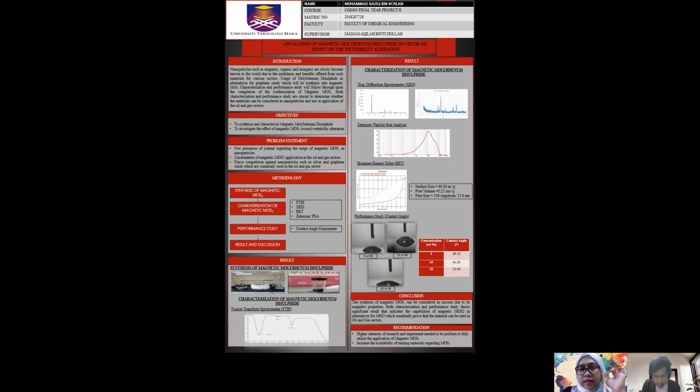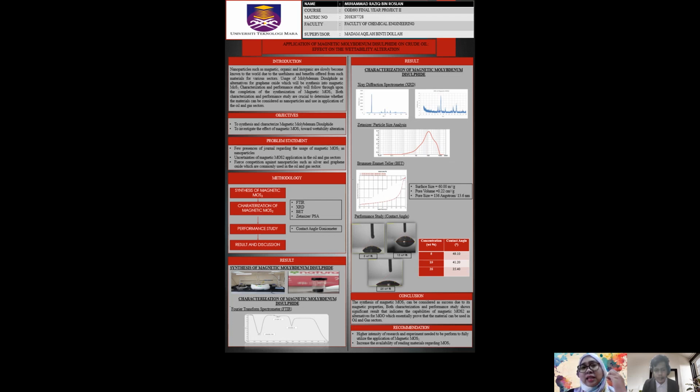Okay, other than by using the contact angle, let's say you're going to proceed with the same title, the same topic while you are doing the master atau PhD project. So I would suggest instead of just using the contact angle, you might calculate the surface energy of you punya MoS2 nanoparticle ni. How does it interact with the surface? So kena tengok dia ada heat ke tak, and then you can check benda tu adalah hydrophobic or hydrophilic.